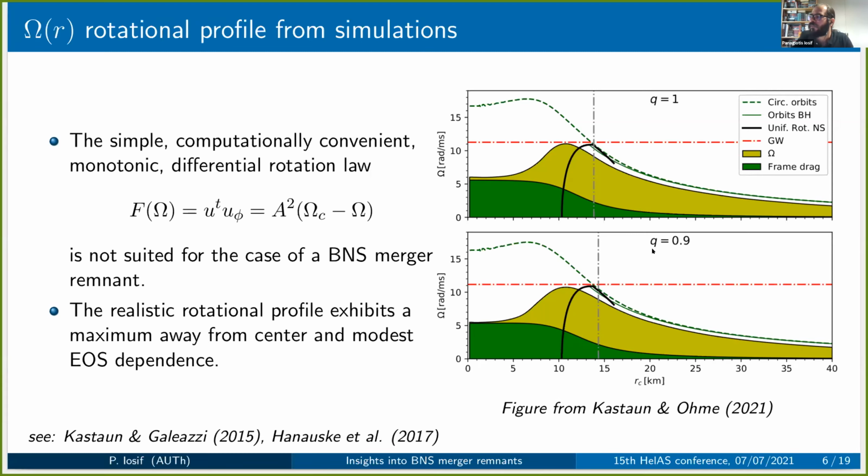You can see, for example, in the picture on the right, the olive shaded region describes the angular velocity of a BNS merger remnant. And of course, the widely used monotonic differential rotation law in the literature cannot describe such profiles.